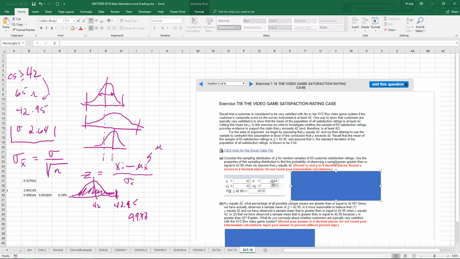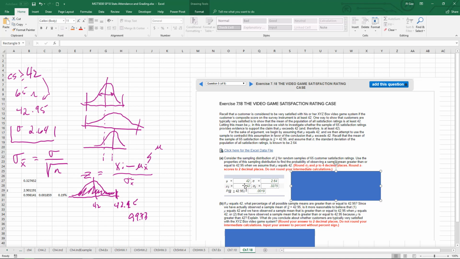The standard deviation of the population was 2.64 from experience. We just assume one way or another we're above 30 samples, so it doesn't matter what kind of distribution we have underneath the covers of the raw data, because we're above the n equal to 30 mark. So we can treat the sample mean as normally distributed there.